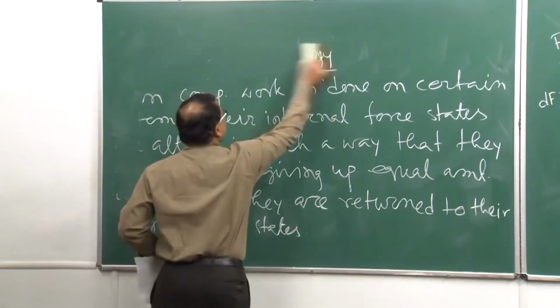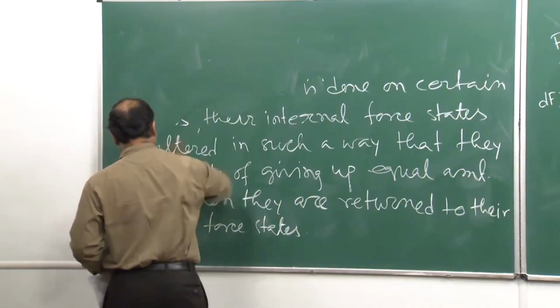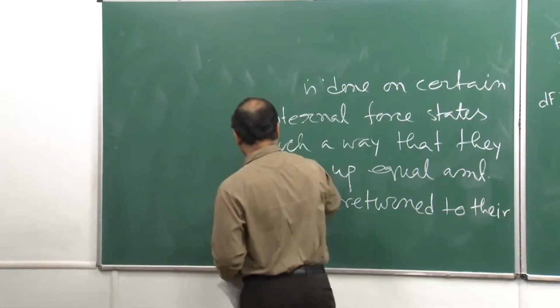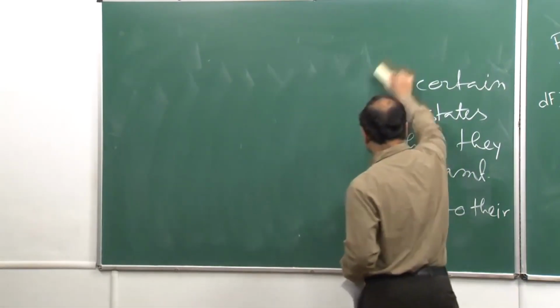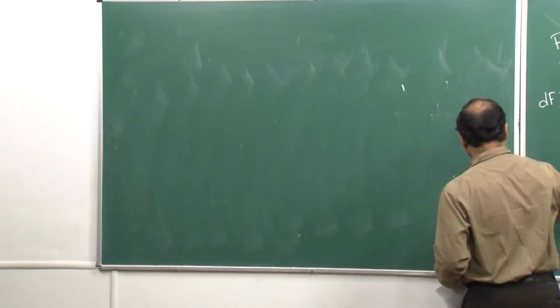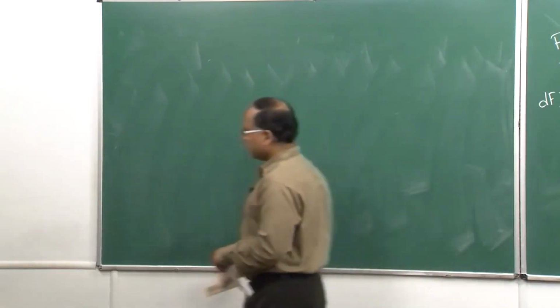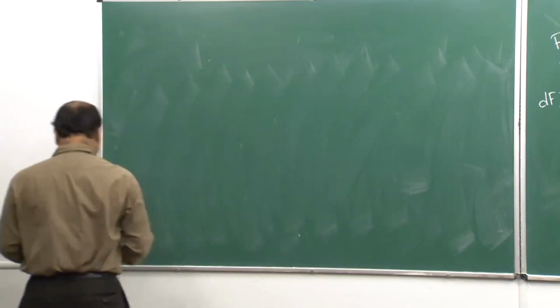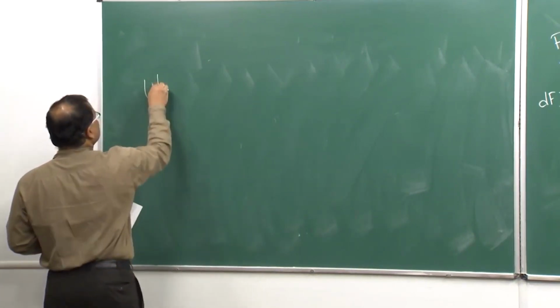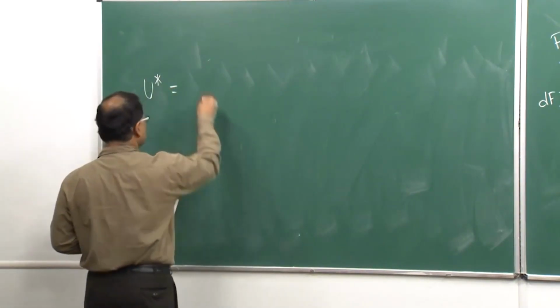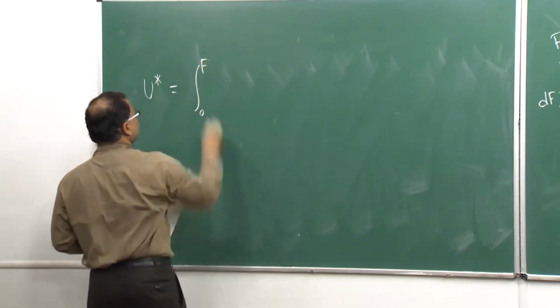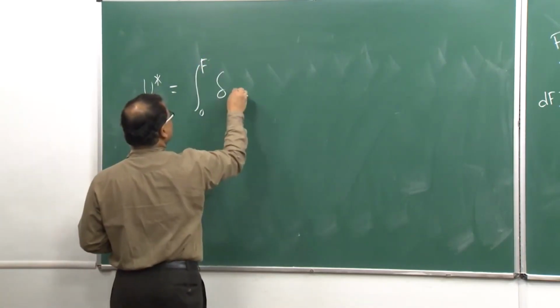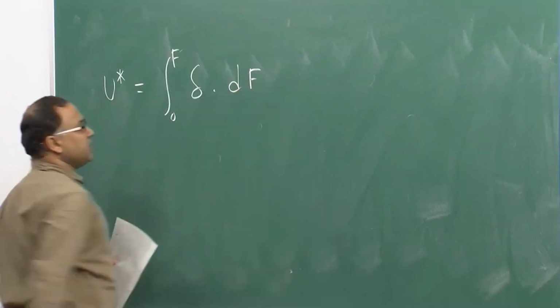So, now if we want to express the complementary energy in a mathematical expression, as we have done for potential energy, then we can write U star is equal to integral 0 to F of delta into the variable force dF.